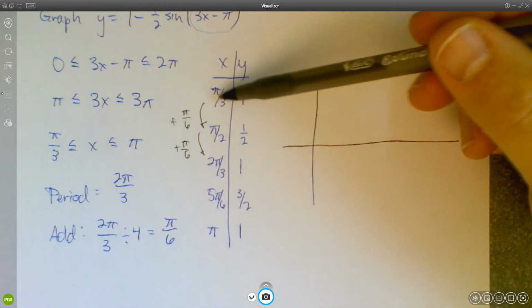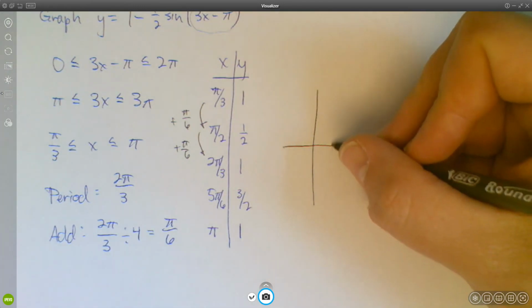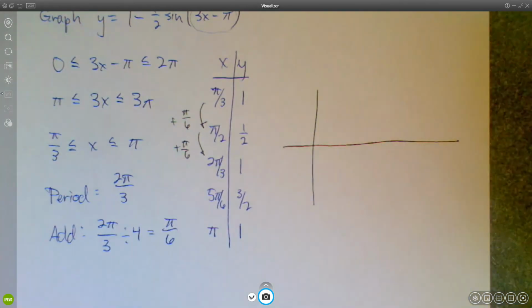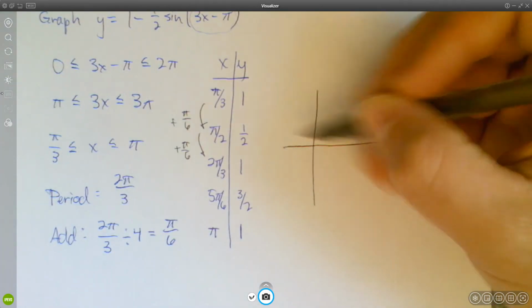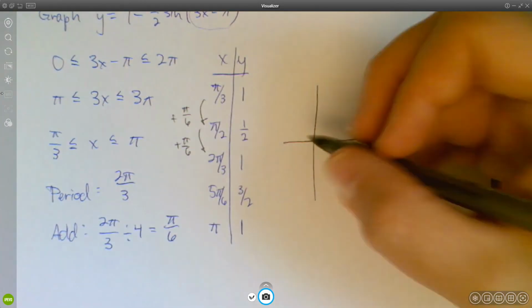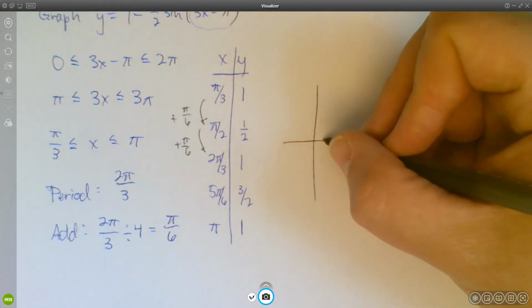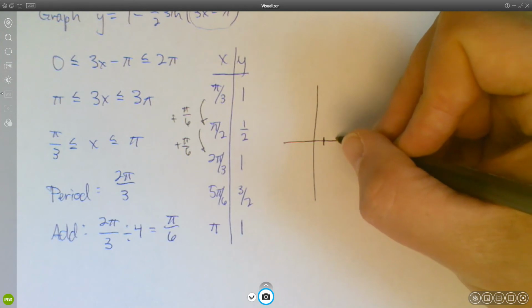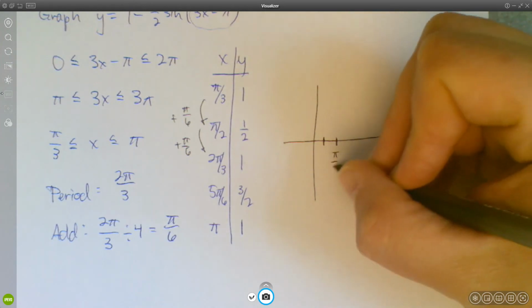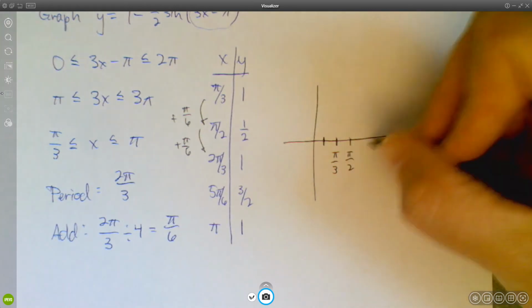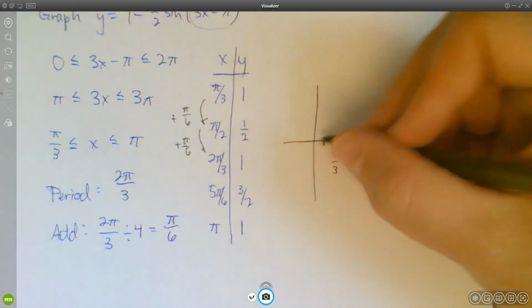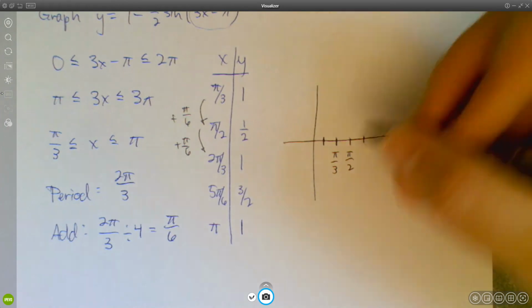And so if I plot pi over 3 right here, and then I plot pi over 2 equally spaced out from it, that's not quite right, because the distance from 0 to pi over 3 should be 2 pi over 6, right? So what I'm really going to do is mark out the pi over 6's. So there's pi over 6, 2 pi over 6, which is pi over 3, 3 pi over 6, which is pi over 2, right? And then this is working out a little nicer. Then I'm sure the spacing looks the way it should, right?